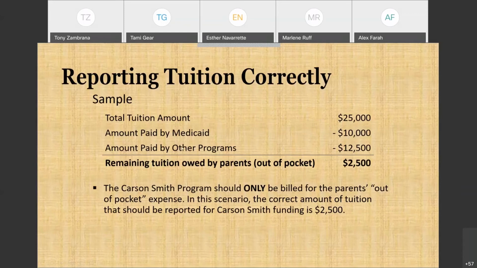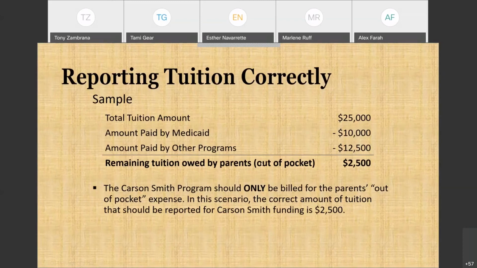So for this student, let's say the amount that is supplemented by Medicaid is $10,000. And let's say there are other scholarships or other programs that will be paid out before Carson Smith, and that amount equals $12,500.